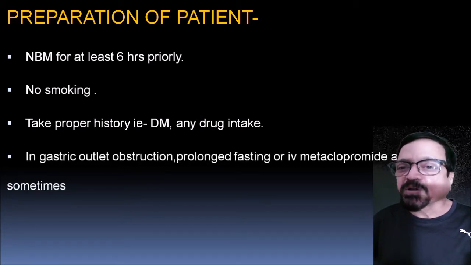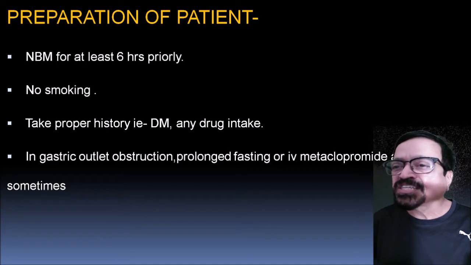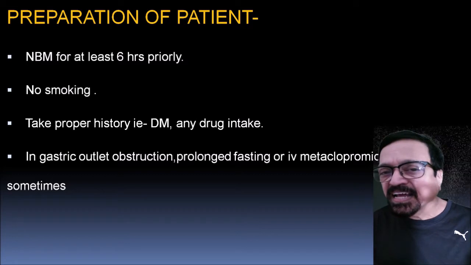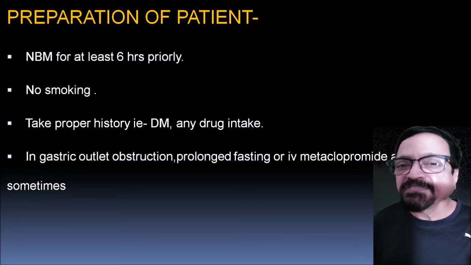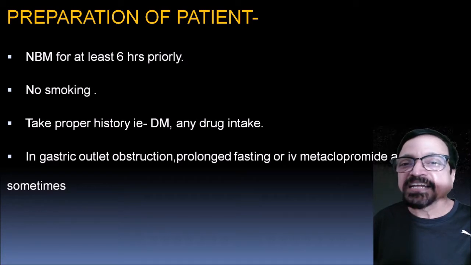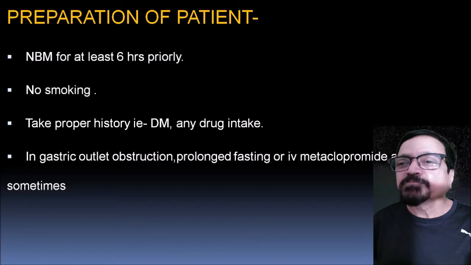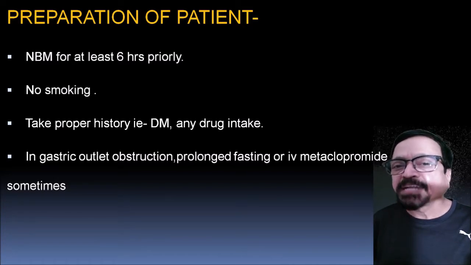In gastric outlet obstruction, prolonged fasting or IV metoclopramide and sometimes other drugs may be used. If they are used by the patient before coming to the radiology department, there can be a prolonged gastric emptying time.